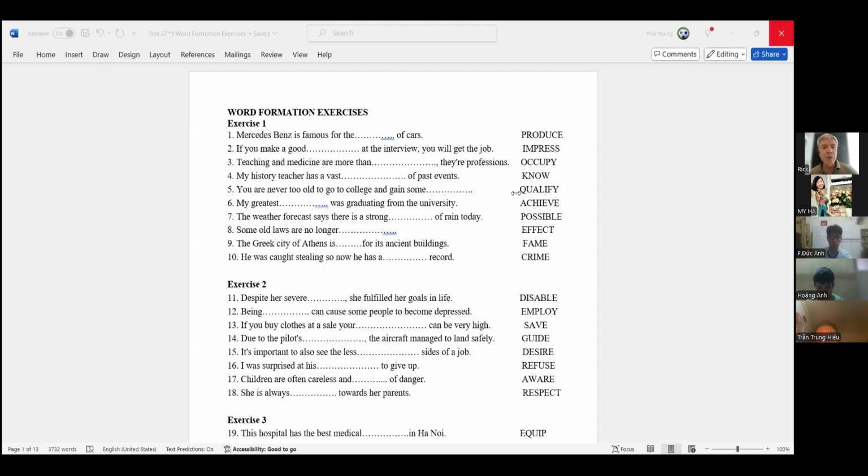So the only one you've got wrong is number 4. Number 4 should be knowledge. My history teacher has a vast knowledge of past events. Okay, Chung Hu? Knowledge. Yeah, should be knowledge.